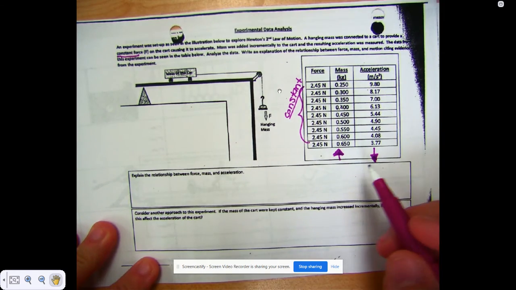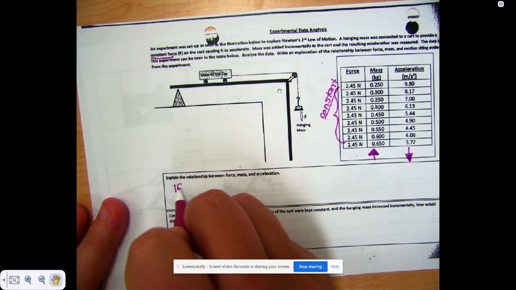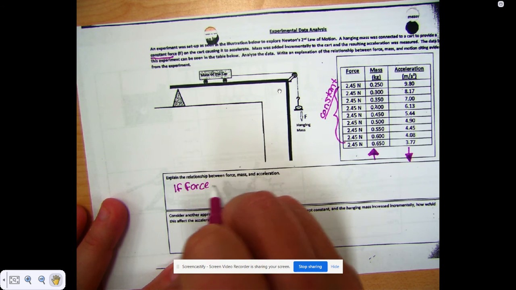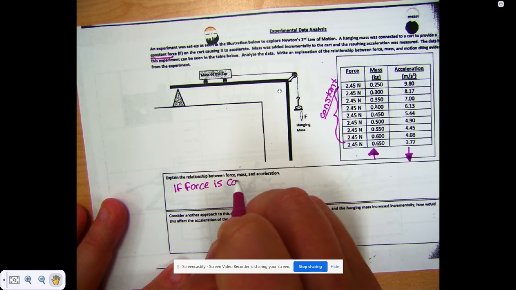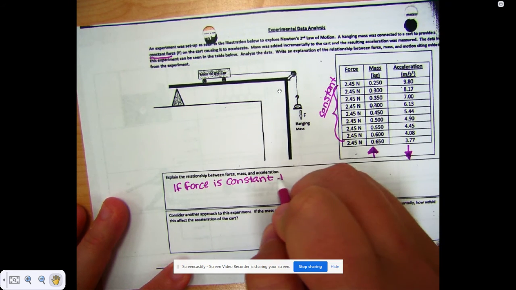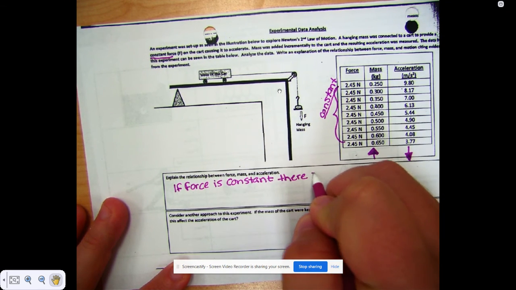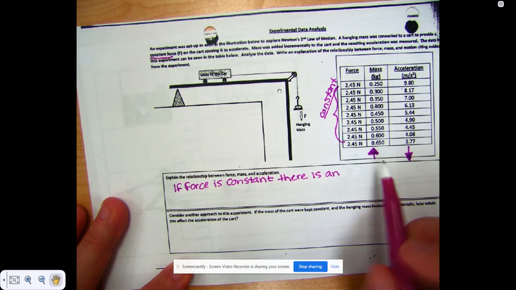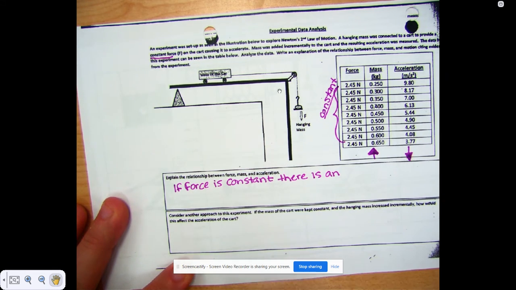You would want to say, if force is constant, there is an indirect relationship. Do you see how these arrows are going in opposite directions?